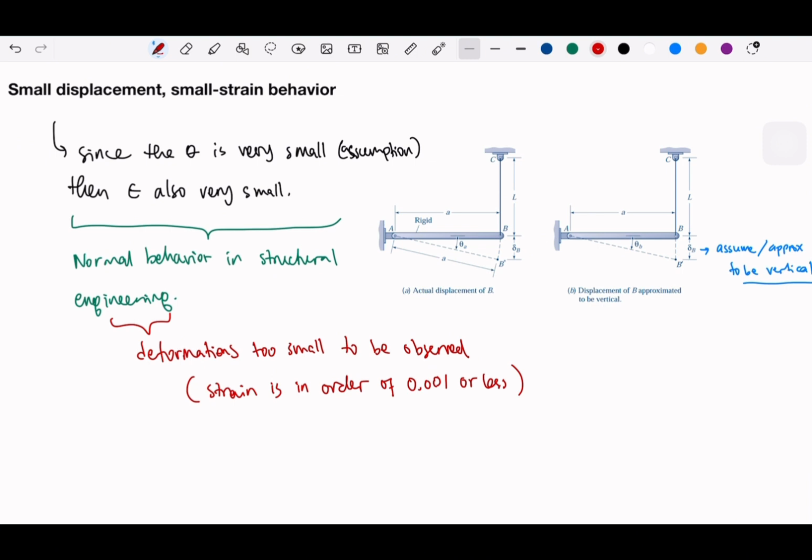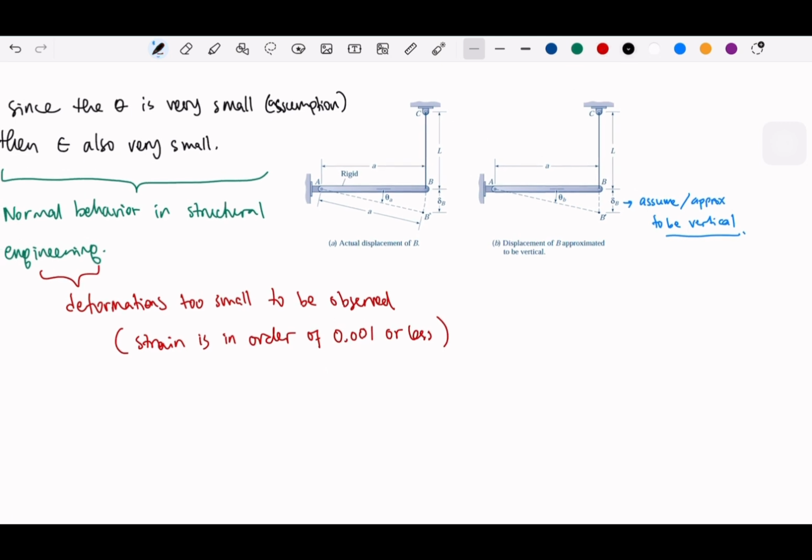So if we apply the Pythagorean to write this strain, the strain A is B asterisk L. If we follow the actual displacement, this will be L plus displacement B squared.